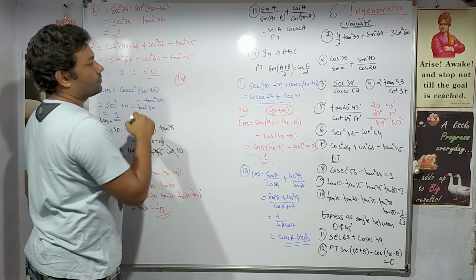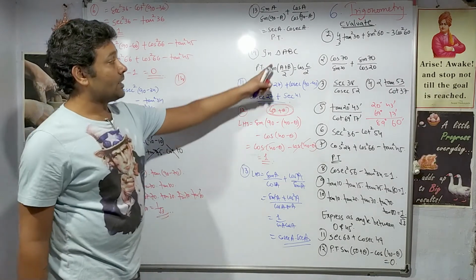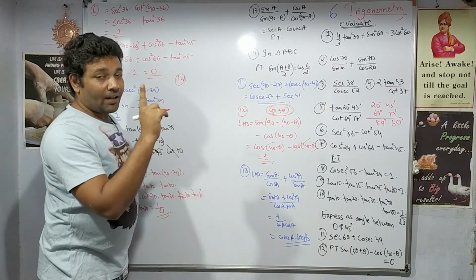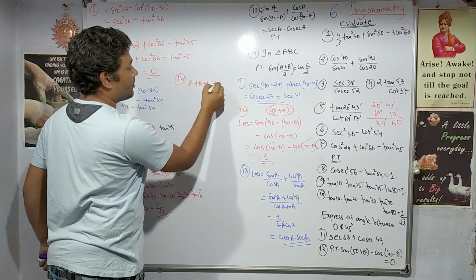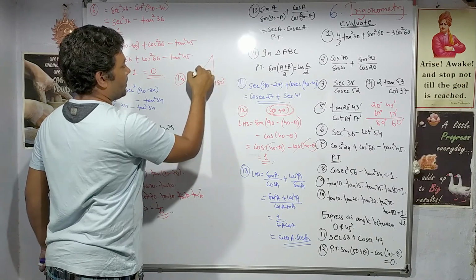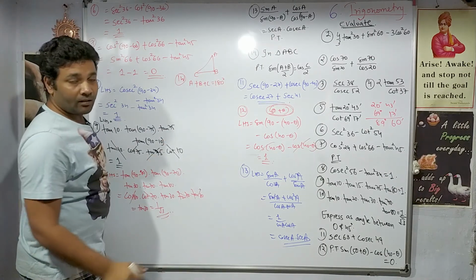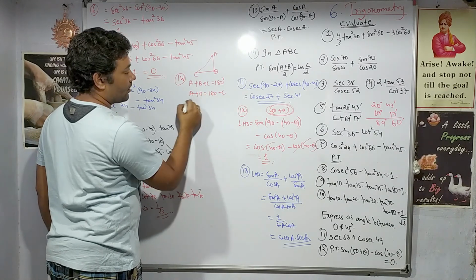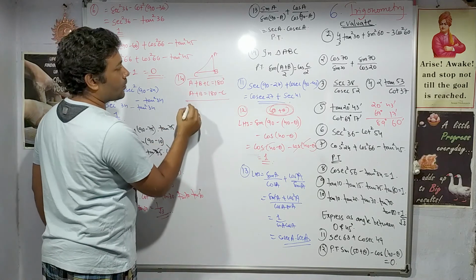14th. So triangle ABC, we have this. Prove that. Now since it is given a triangle, one thing comes to our mind, that is the sum of angles will be 180 degrees, right? If you take a triangle, then angle A plus B plus C is 180 degrees. So A plus B will be 180 minus C. Let us try to use this information in our question.